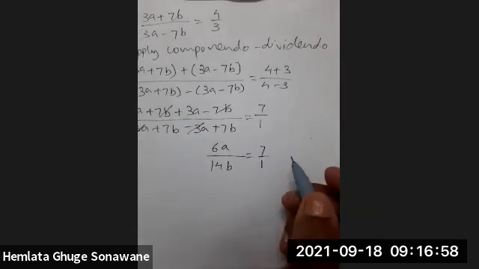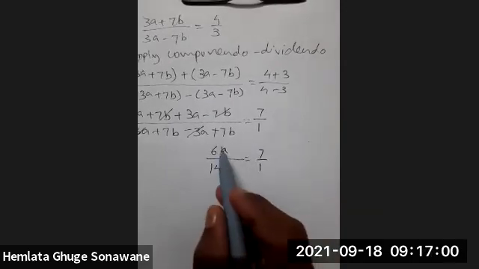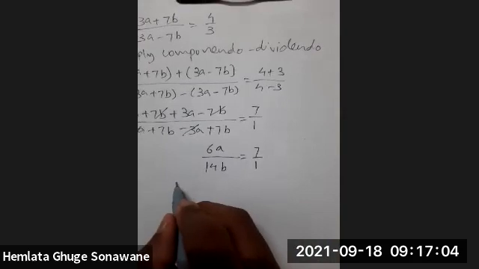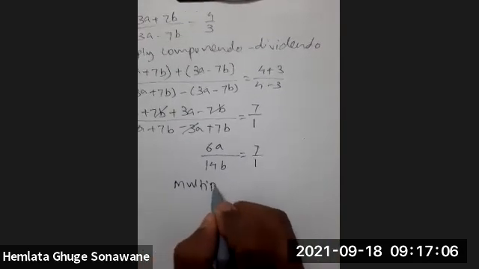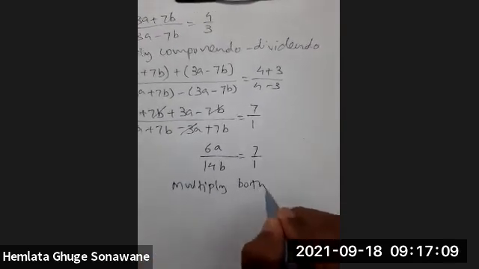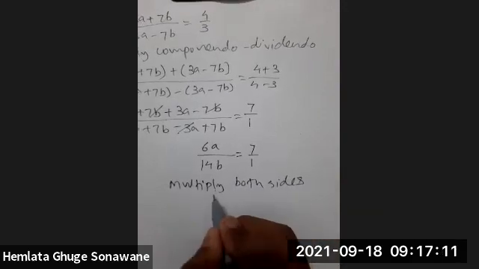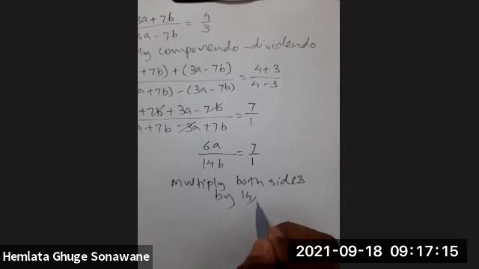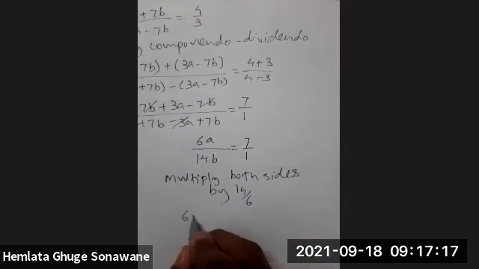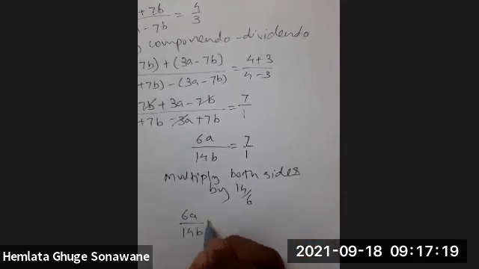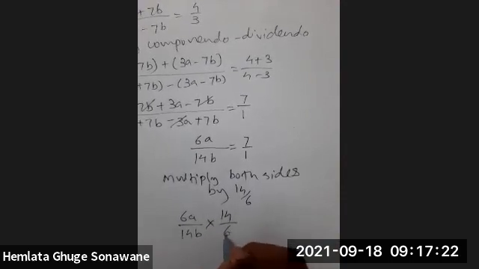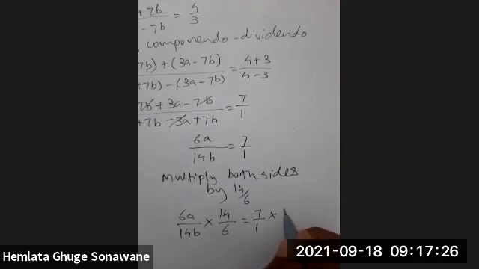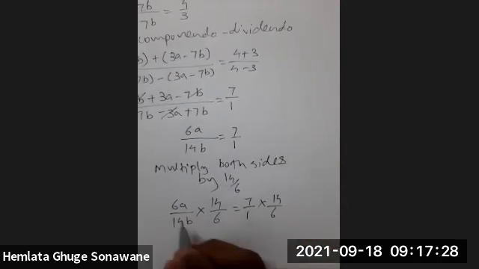We'll multiply both the sides by 14 upon 6, so that we'll get the values of a and b here. So 6a upon 14b into 14 upon 6 is equal to 7 upon 1 into 14 upon 6.